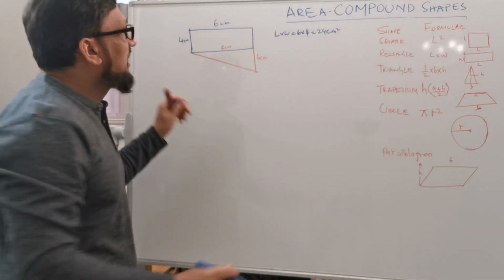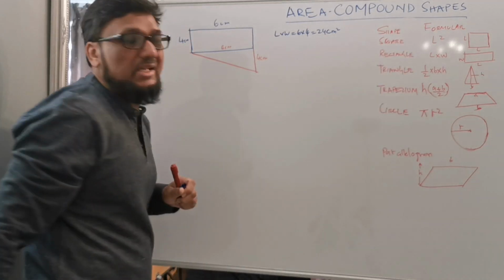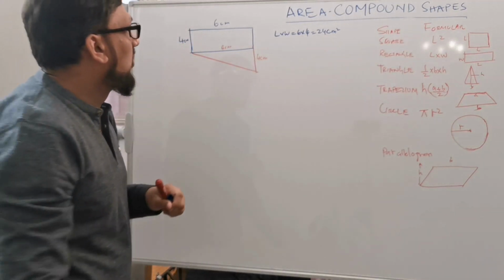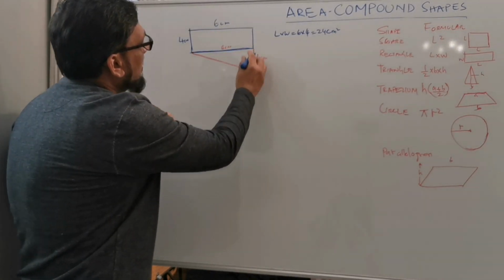And the area for the triangle is half times base times height. This is the height of the triangle and this is the base.